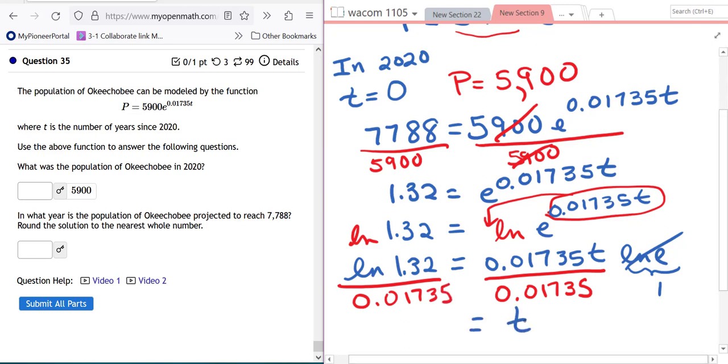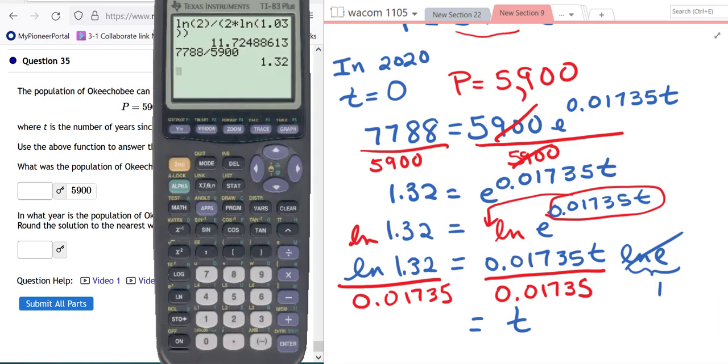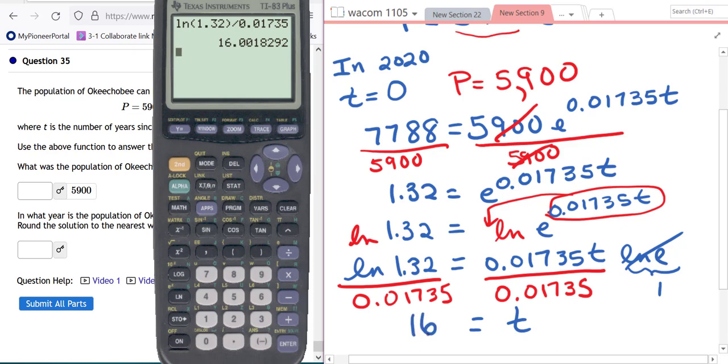This will equal t. So we'll pull our calculator. So we're going to take the natural log of 1.32. Make sure that you close, because that's some number, divided by 0.01735. Enter. So this is 16. We'll round it to 16 years.